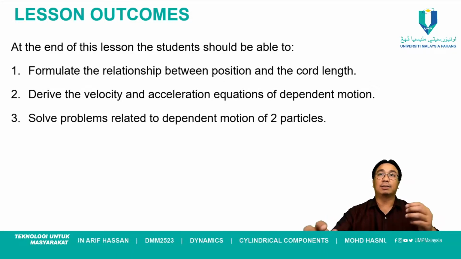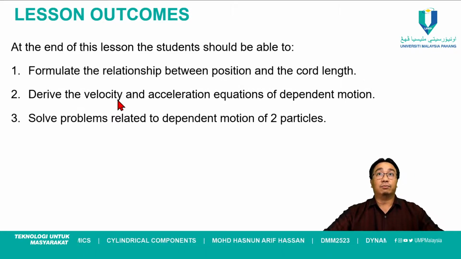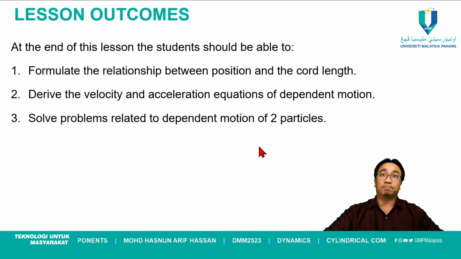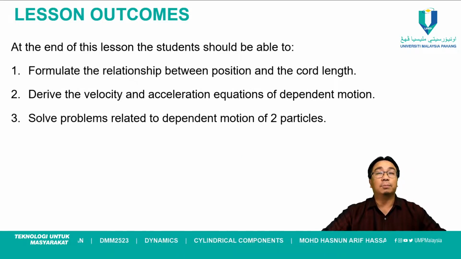Apa maksud dia nanti kita bagi tahu chord length ni apa. And then you should be able to derive the velocity and acceleration equations of dependent motion. And finally, we will try to solve problems related to dependent motion of 2 particles.